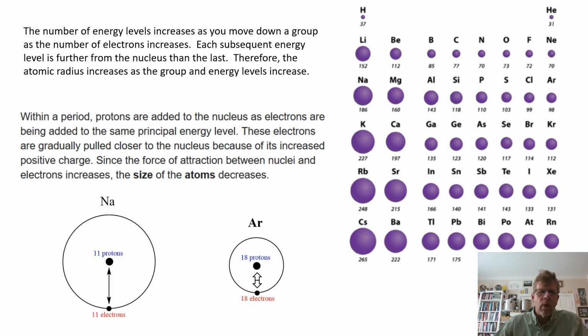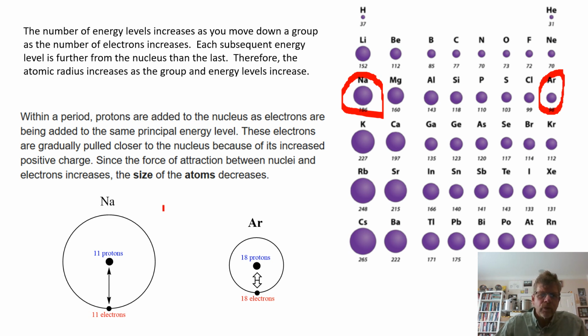Now, within a row on the periodic table, we add protons to the nucleus, and electrons are being added to the same energy level. So I have an example here of sodium over on one side of the periodic table in energy level 3, third row, and argon at the other end of the energy level 3 in that third row of the periodic table. Why is sodium larger than argon?